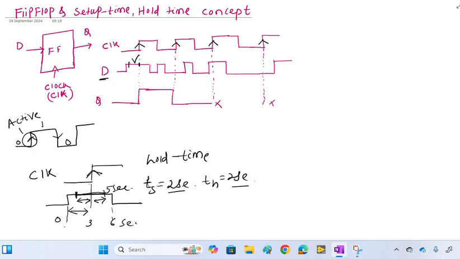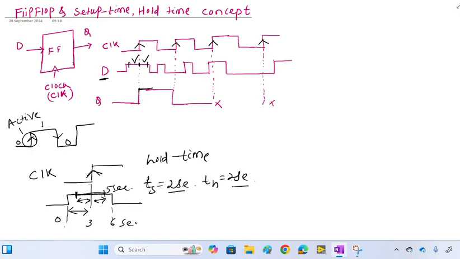Here the data is constant, so it is satisfying the setup time. After this positive edge, for another 2 seconds, the data must be constant, so it is satisfying the hold time as it is constant. So at this edge whatever data is there, it is transferred to the output. Then the data will change at this point.